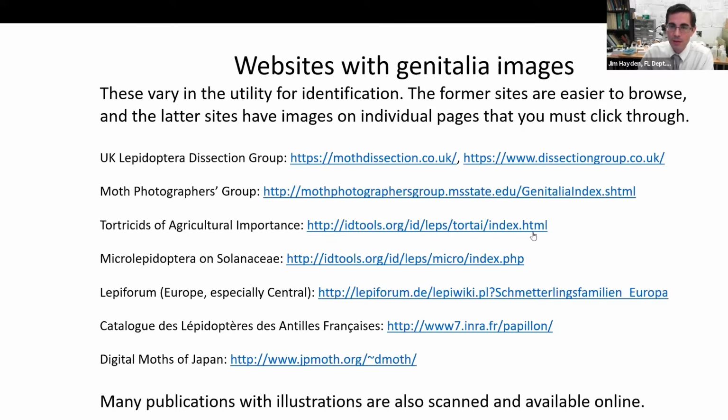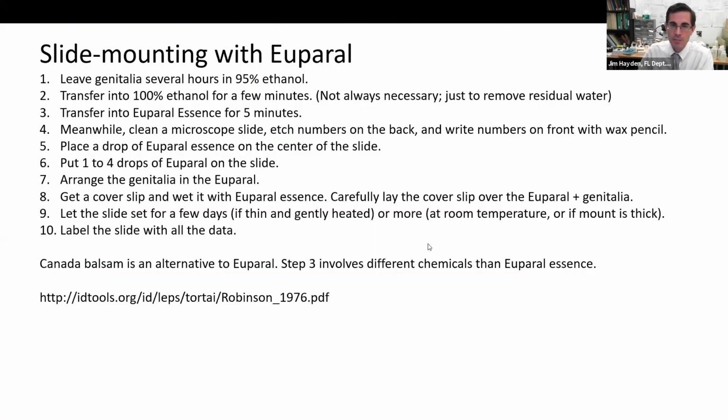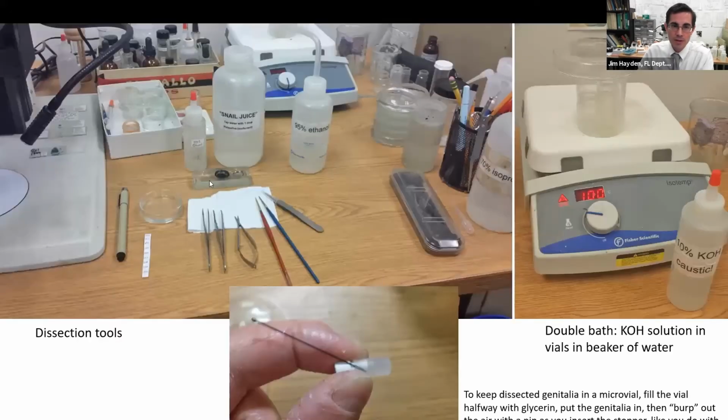He links a lot of dissection resources through one of the pages on this. Yeah, this is it right here: ID tools, LEPS, Tort AI, dissections. This has a ton of references, PDFs that repeat this basic method for dissection. So it's not hard to find.